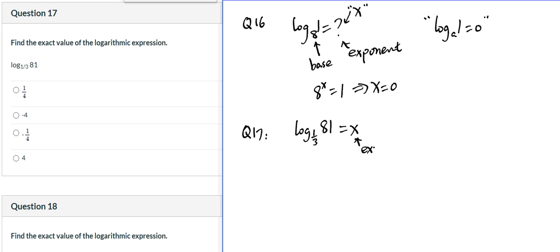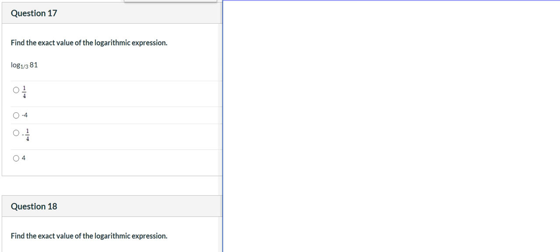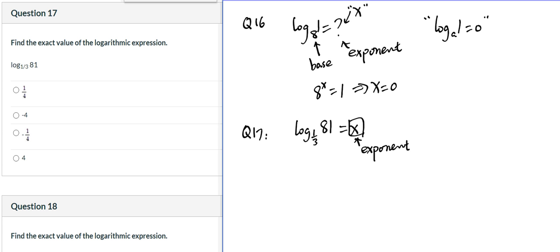Exponent. If there is no answer here, make one, x, which is the exponent. The exponent of this 1/3 is 81.